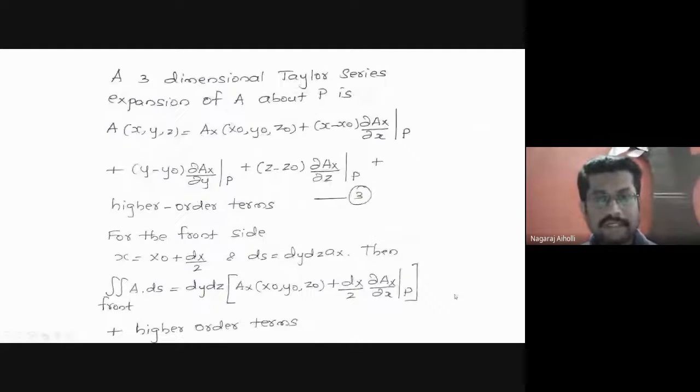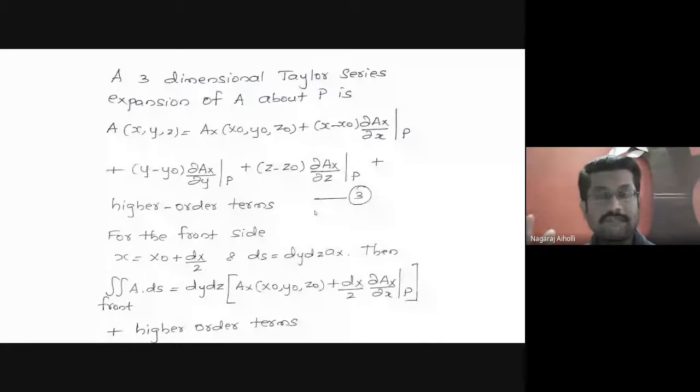A three-dimensional Taylor series of vector A about point P. How do we define the Taylor series, students? You have studied Taylor series in your mathematics. Taylor series is the sum of infinite terms in which each term is a function of the vector.